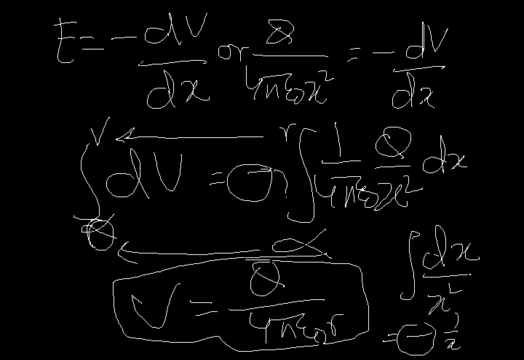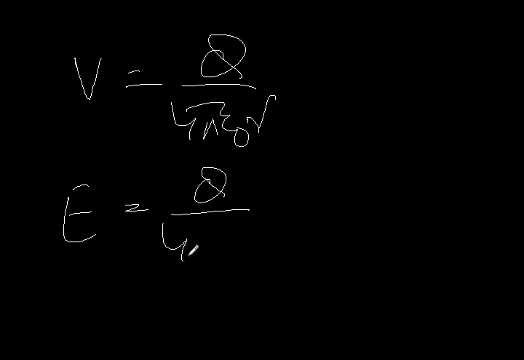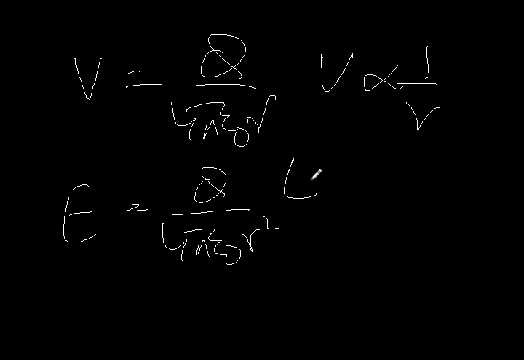So finally, we have a relation of potential which gives you V is equal to Q by 4 pi epsilon 0 R, and intensity which was Q by 4 pi epsilon 0 R squared. So we have V varying as 1 by R, and we have E varying as 1 by R squared. So this is all you have to remember for the time being.